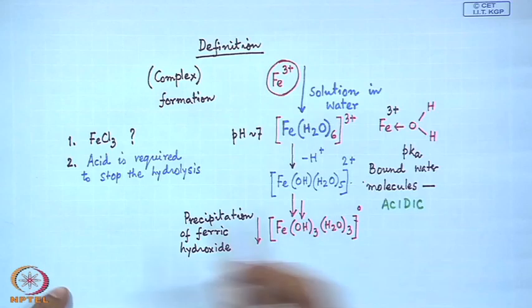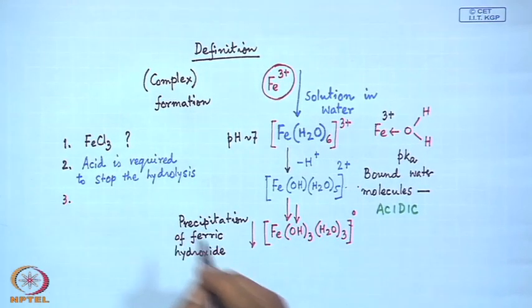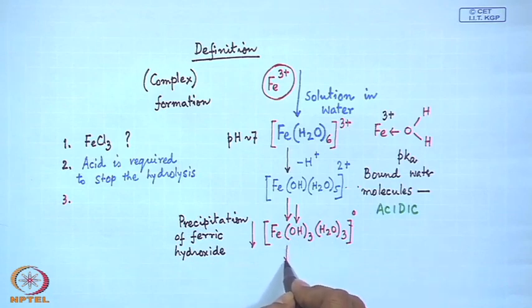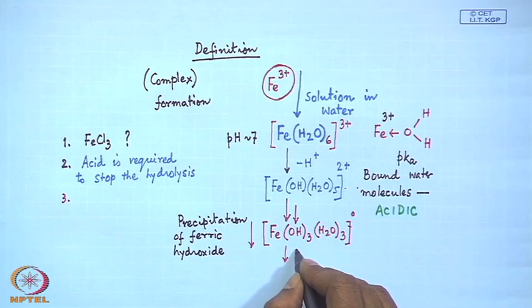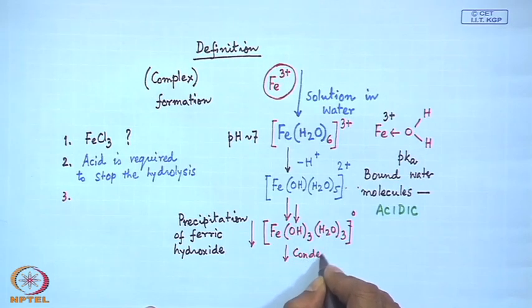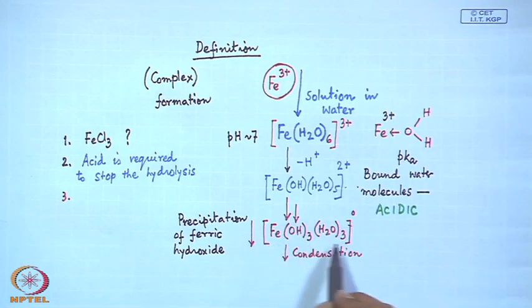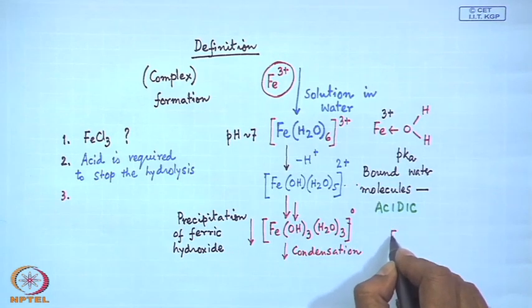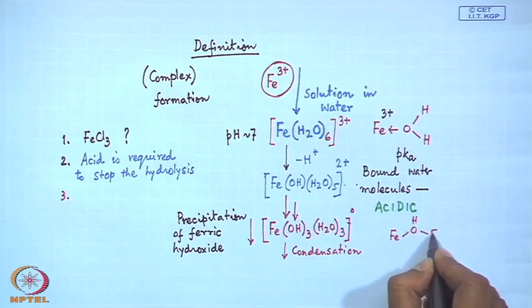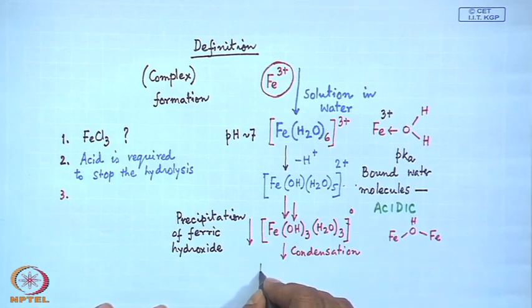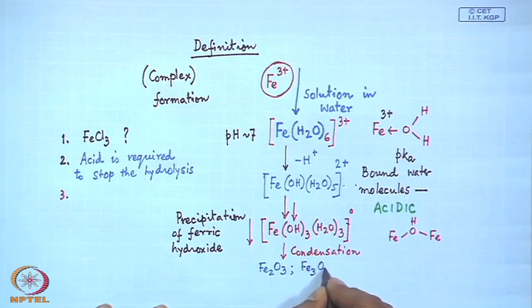In the next step, during the precipitation of ferric hydroxide, as we all know, during removal of more water, condensation can take place between these ferric hydroxide species with bound water molecules, forming Fe-OH-Fe networks, and we will end up with species like Fe2O3 or Fe3O4.